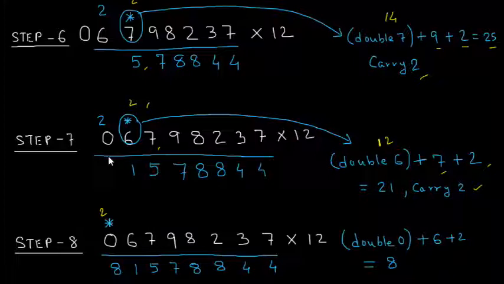Now we'll double 0, then add its right neighbor 6 and the carry 2. If we add this, we get 8. I'll put 8 here. So in this way we get the answer to this sum.